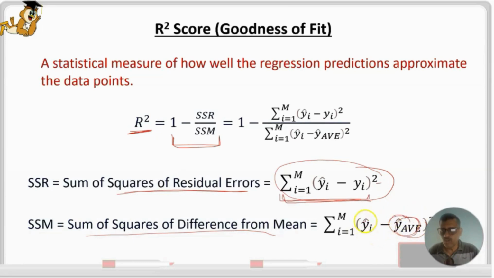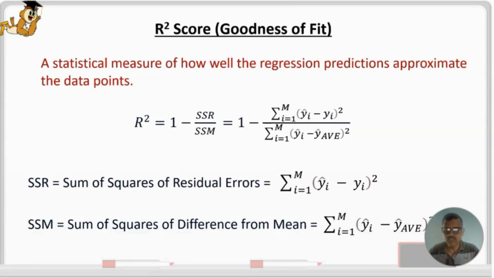And what you do is you subtract this average from the y's, square it, and add it all up together. So it is essentially the sum of the squares of the differences between the yi's and their average. And that is what goes into the denominator here, SSM. So your R square is basically this. You can stare at this for a minute.